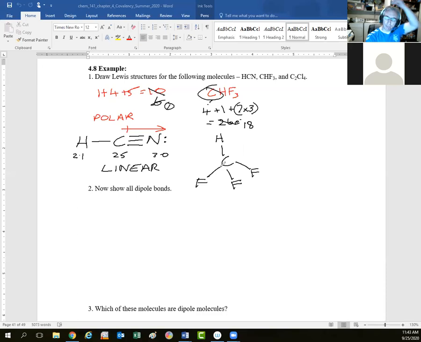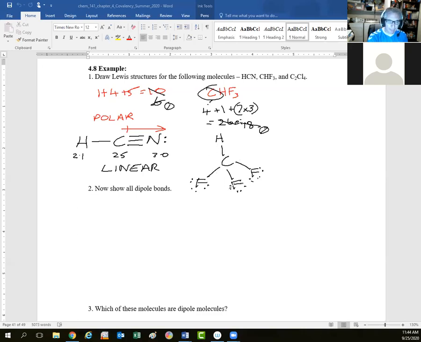We'll use those remaining electrons to complete the octets of the outer atoms first. And that uses up our electron supply. So that's our final Lewis structure.